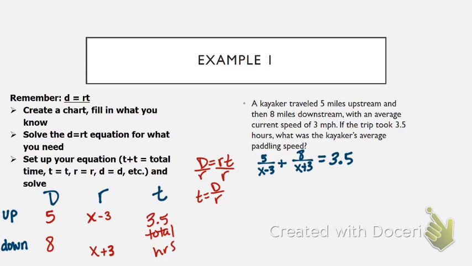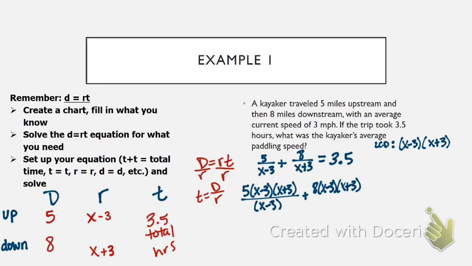So I need to find my least common denominator, and my least common denominator in this case is x minus 3 times x plus 3, and the entire equation gets multiplied by my LCD.